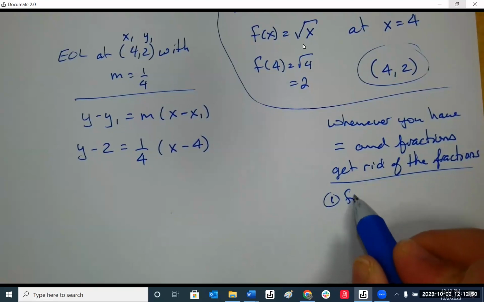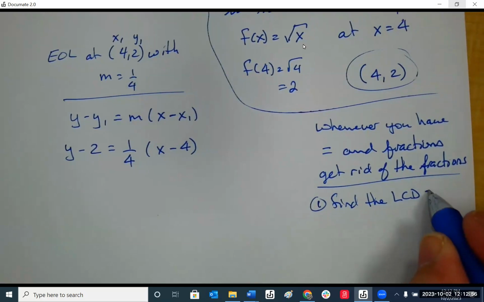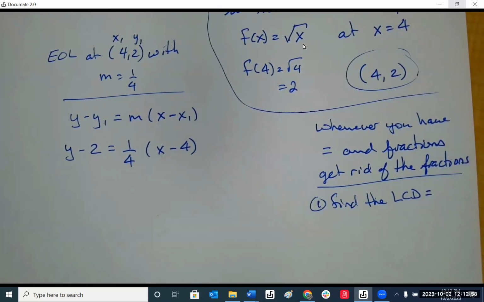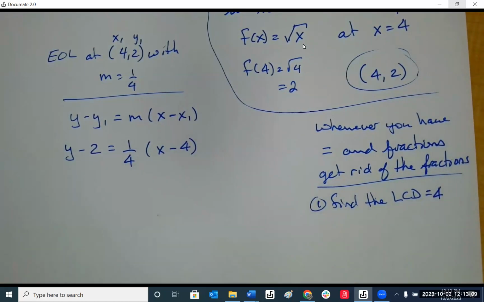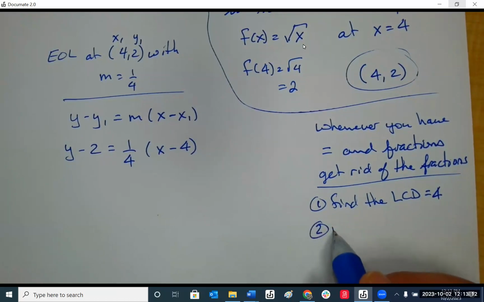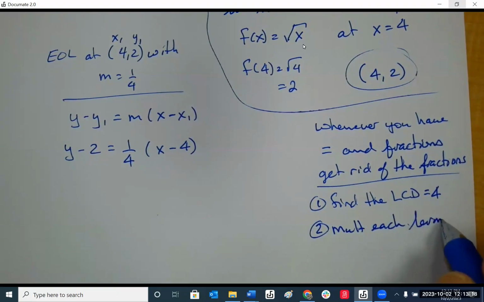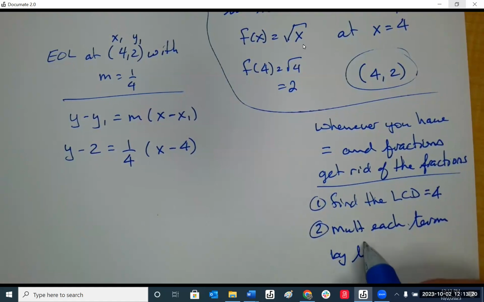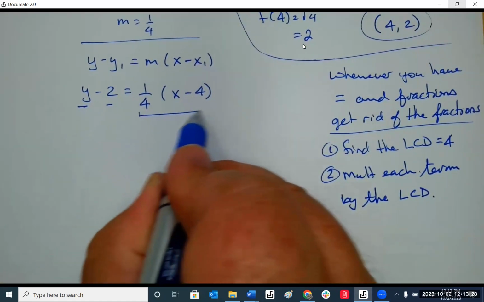Step one, find the LCD. What's the LCD in this equation? What's the only denominator? The bottom number. Multiply each term by the LCD. Each term, that's a term, that's a term, and this is one big term.